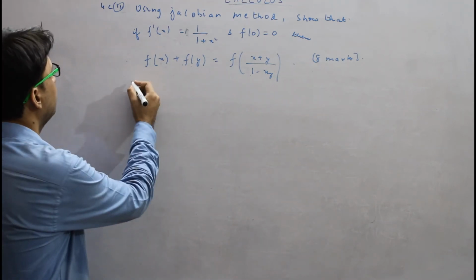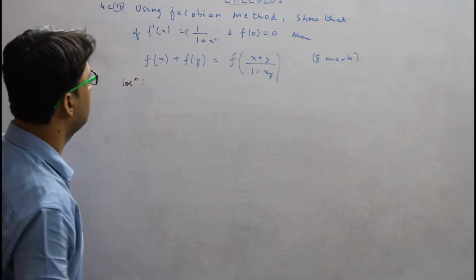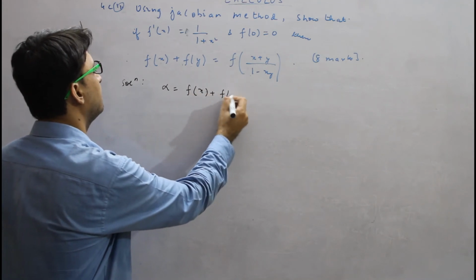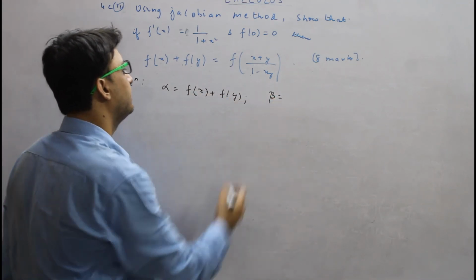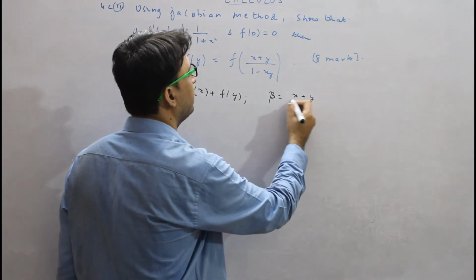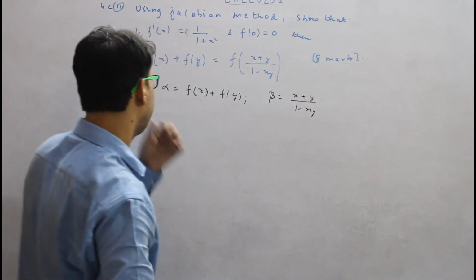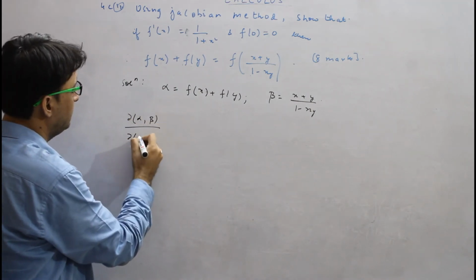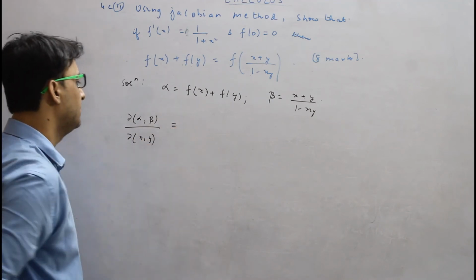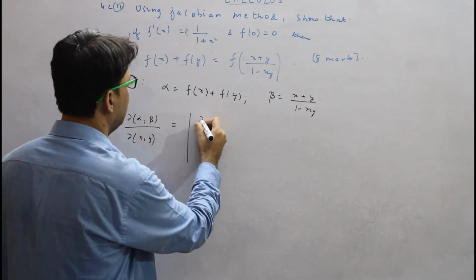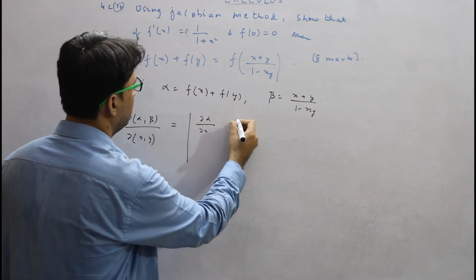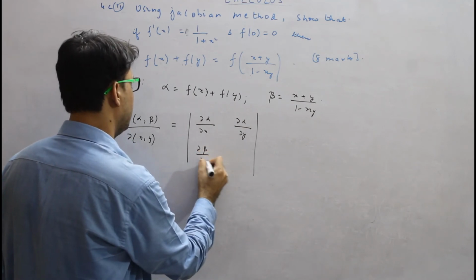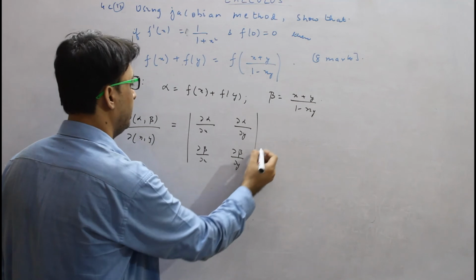So what is the approach? If I take this as alpha, and if I take this as beta, (x+y)/(1−xy), and if I find this Jacobian ∂(α,β)/∂(x,y), alright, so this gives me ∂α/∂x, ∂α/∂y divided by ∂β/∂x, ∂β/∂y.